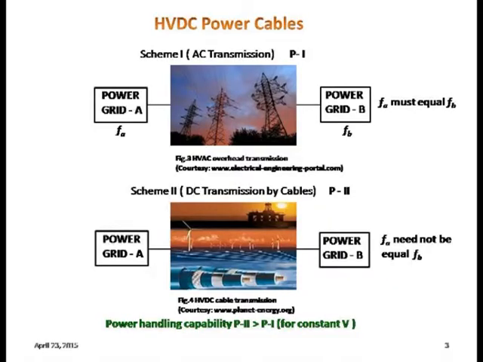But what are the problems with cable that are very interesting and need to be addressed now. This is one more advantage. For example, if power grid A and power grid B need to be connected, a link like DC will always be advantageous. There you need not have same frequencies.